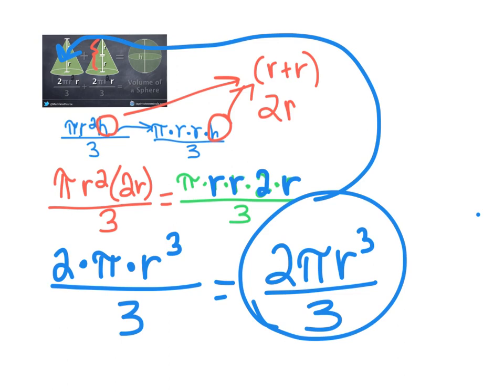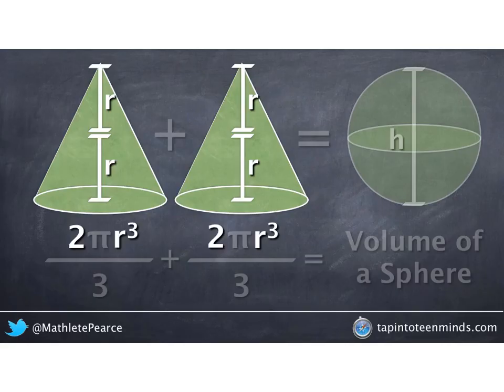Remember, we talked about the diameter and the height being equivalent in this example. So here you can see it coming together, where you have one cone, 2 times pi r cubed divided by 3, plus a second cone, 2 times pi times r cubed divided by 3. And guess what? That equals the volume of a sphere. So what happens when I add those together?